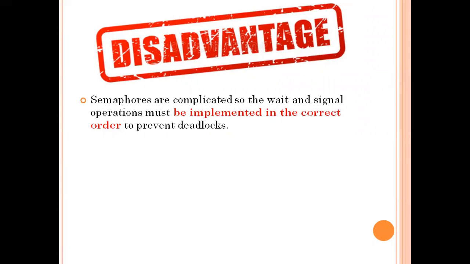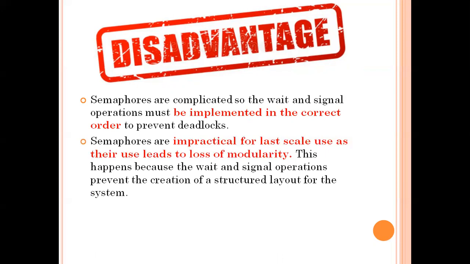See, semaphores are complicated because there are various calls involved, like wait, signal. Each time the process has to come, it has to execute certain code, down code. Each time the process has to exit, it has to execute certain code, the up code. So it must be implemented in the correct order to prevent deadlocks.